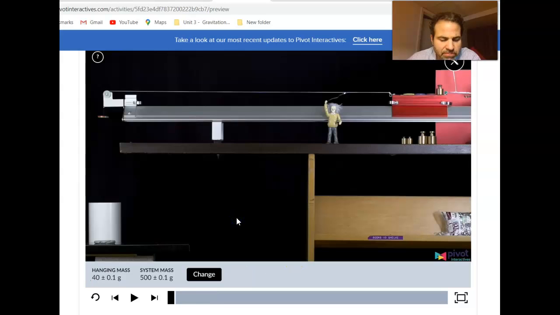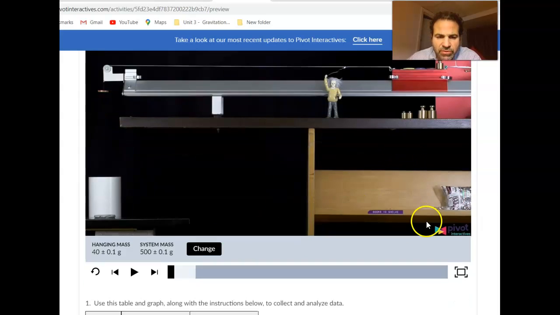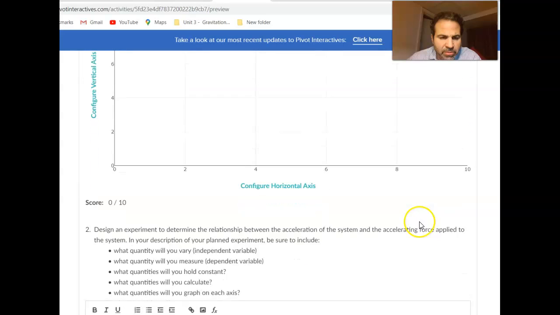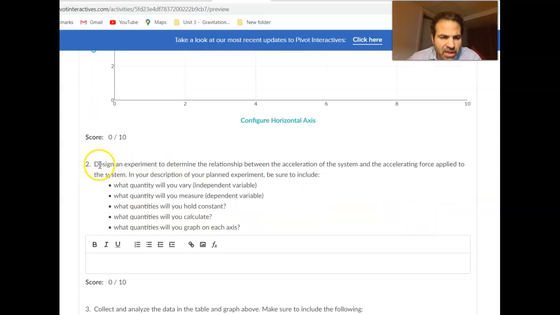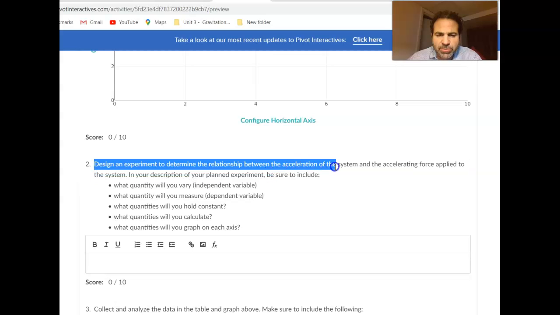Let's hit load. Now, if you scroll down, I'm going to jump ahead a little bit. In step 2, it says design an experiment to determine the relationship between the acceleration of the system, that's the track and the hanging mass together with a string, and the accelerating force applied to the system.